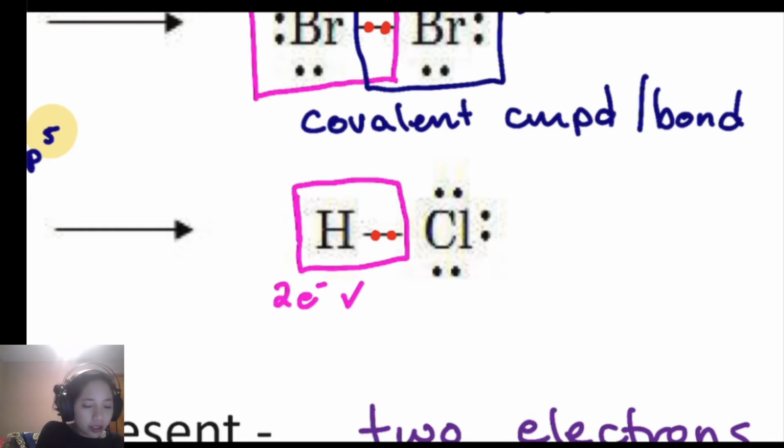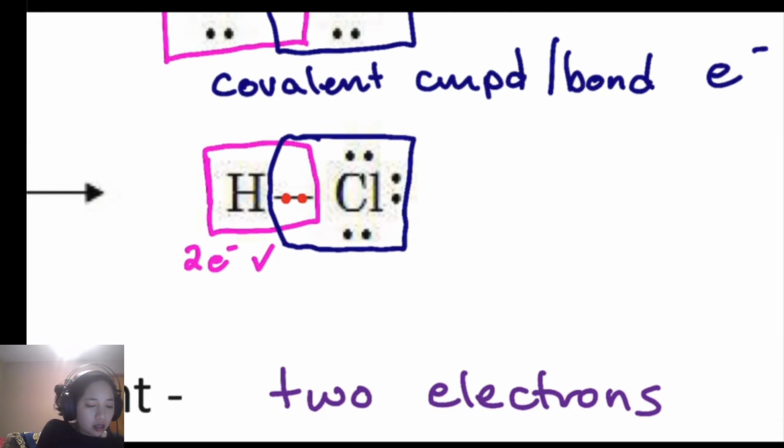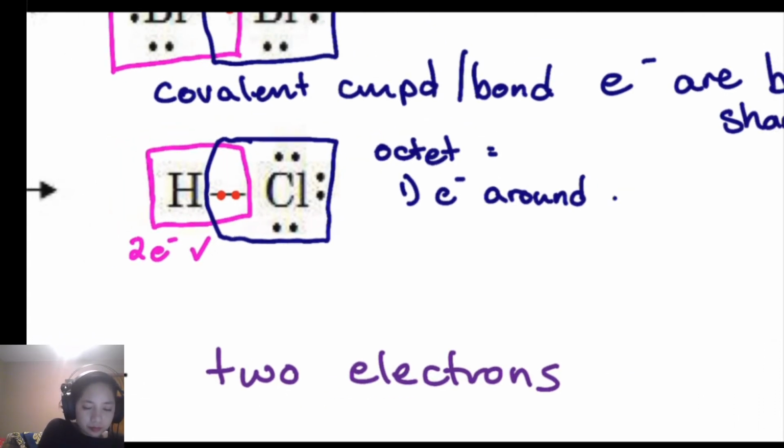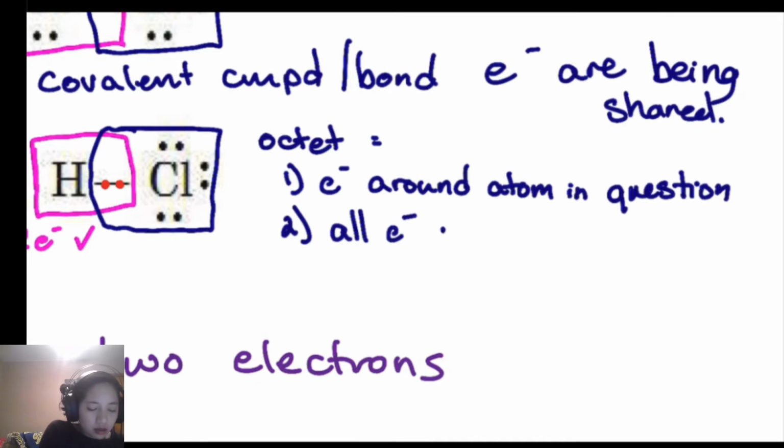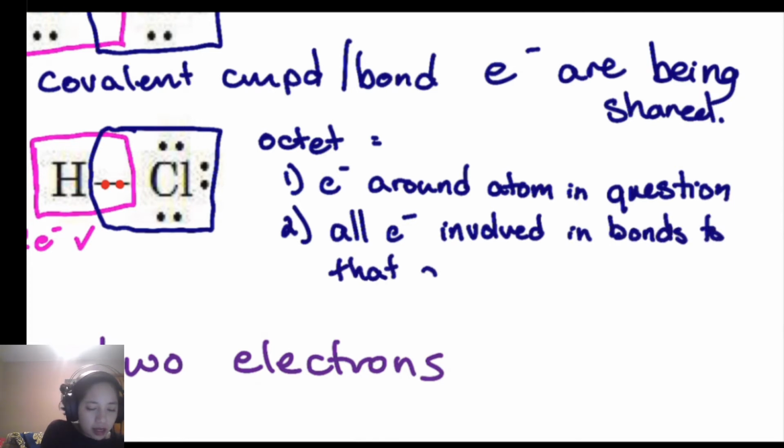And then if we look at chlorine, maybe I'll just define this. So octet will be the electrons around the atom in question, and all electrons involved in bonds to that atom.